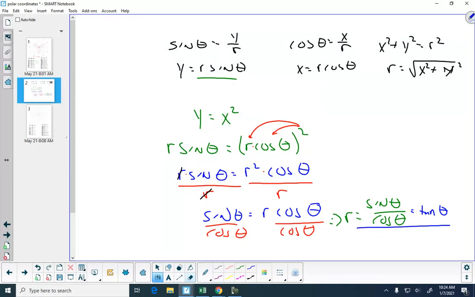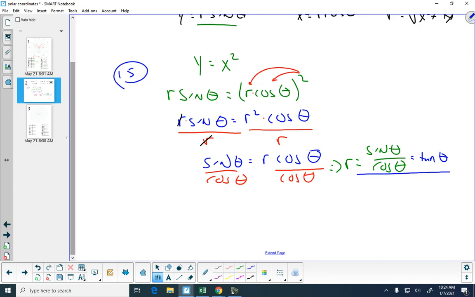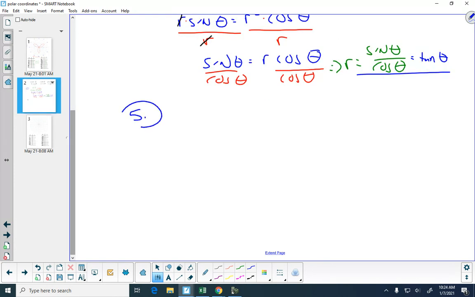If we take a look at problem 3, 5, or 7, doesn't really matter, let's take a look at 5. Problem 5, we want to change into Cartesian, so we have r equals 11 over 6 minus 5 cosine of theta.